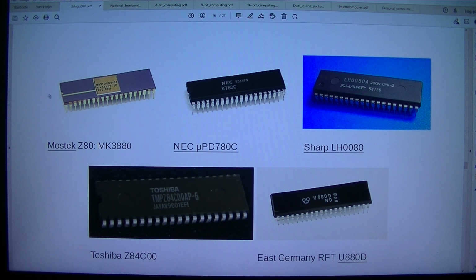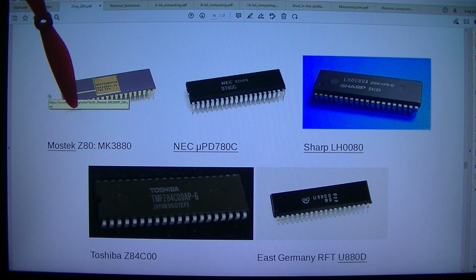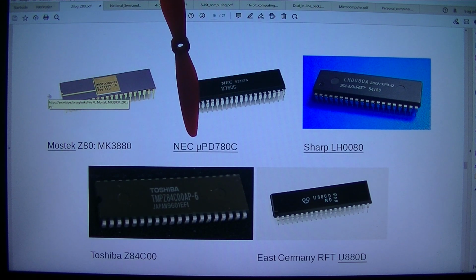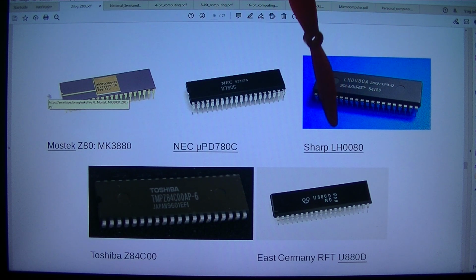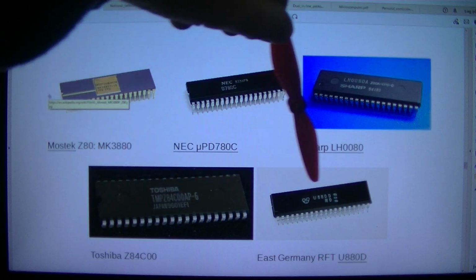Yes, they are making these clones. The old chip, the 8086, has some kind of clones. The Mustang, I think that's the original. Sharp is Japanese. That's a clone from East Germany.